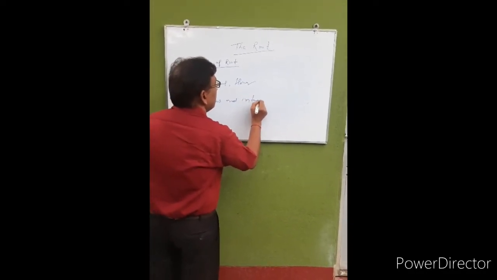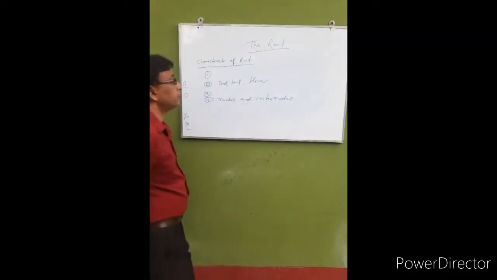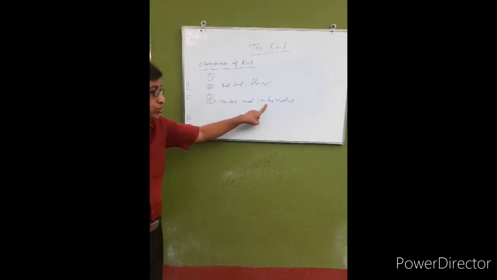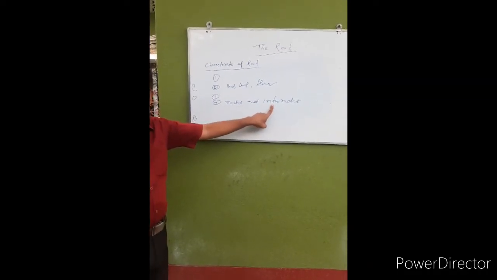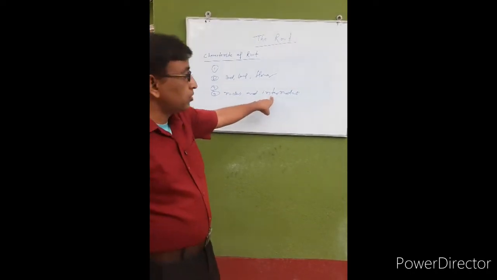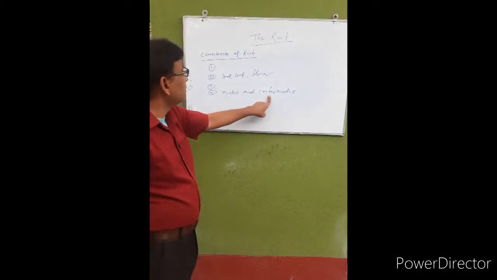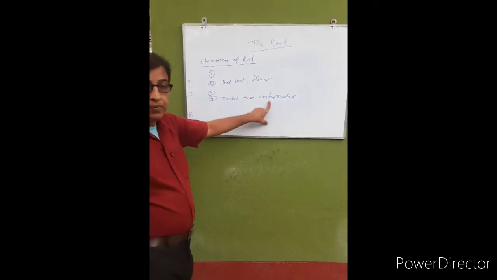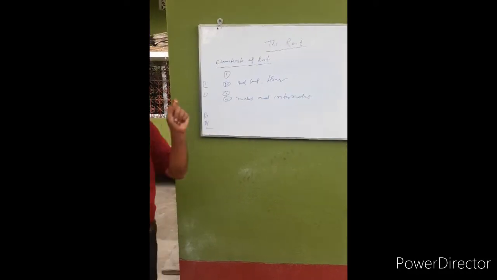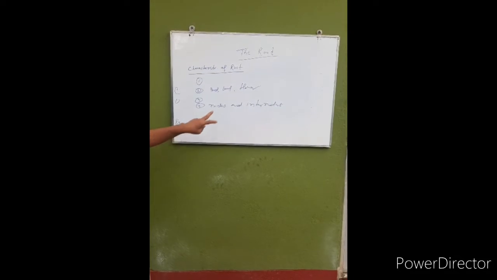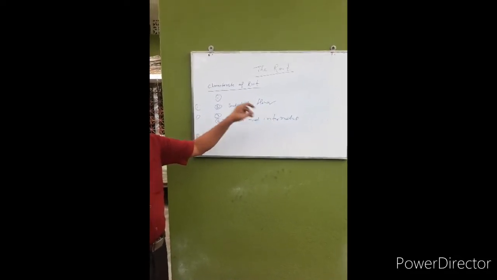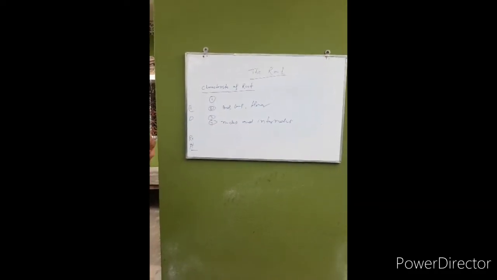The presence of nodes and internodes is a characteristic feature of the stem only. So this is a question for you: when any person asks what is the main characteristic of a stem, you will say the presence of nodes and internodes is the characteristic feature of the stem only, not root.